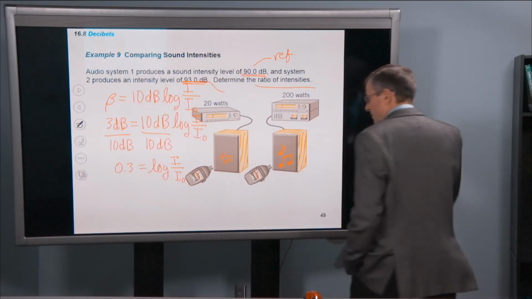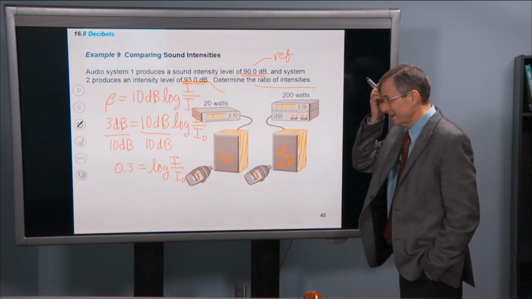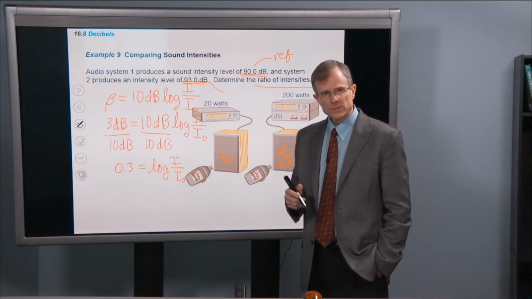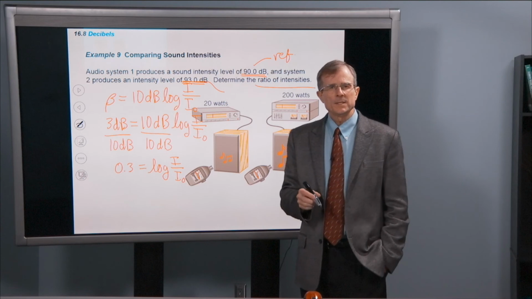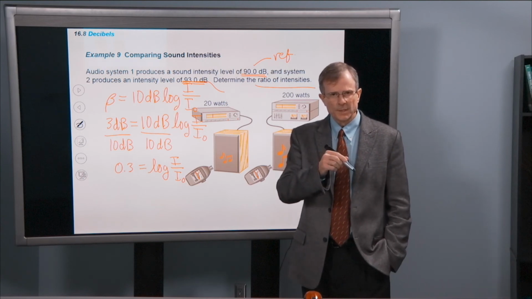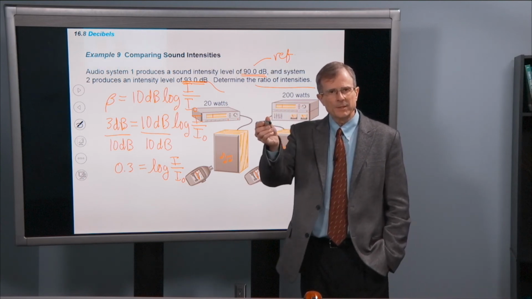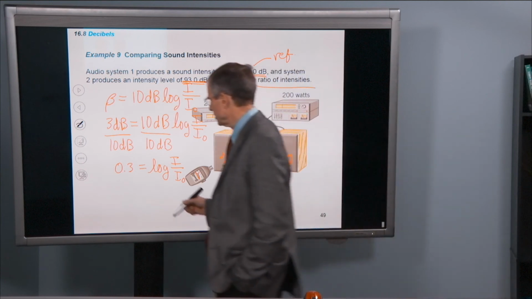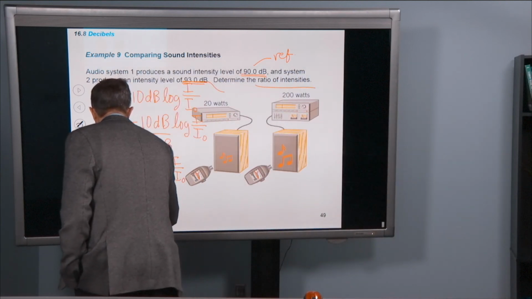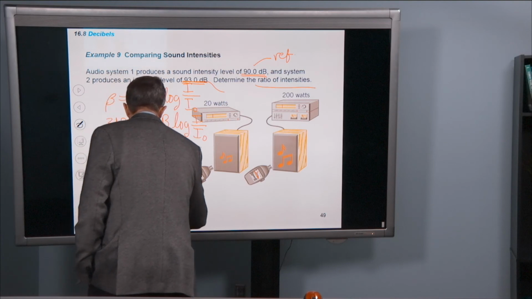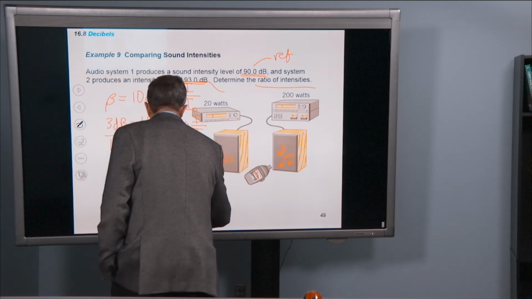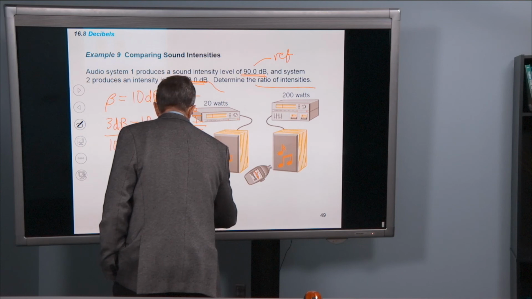So now, how do we solve for I over I naught? We use the property of the logarithm that anytime you take 10 to the logarithm of anything, you get that thing back again. So the trick here is to take 10 to the 0.3 power and 10 to the log of I over I naught.